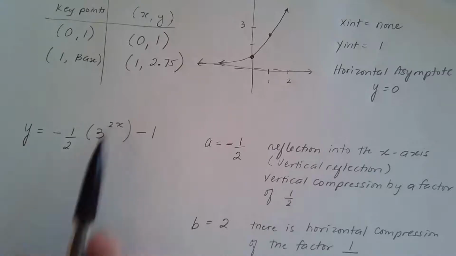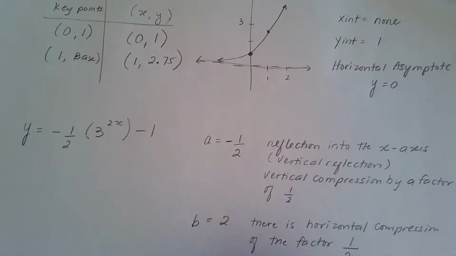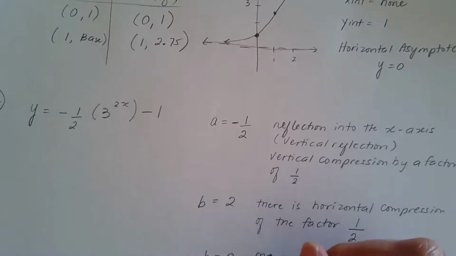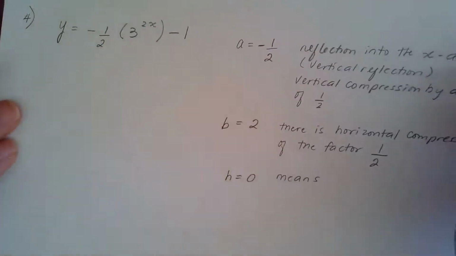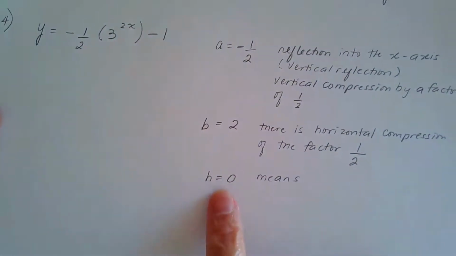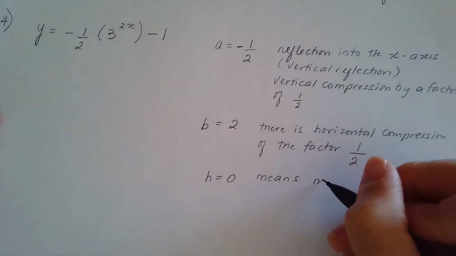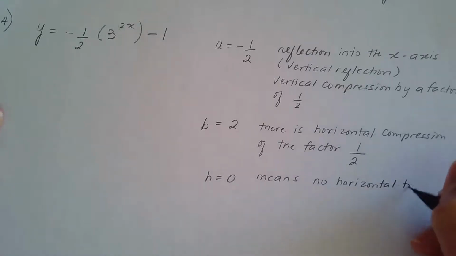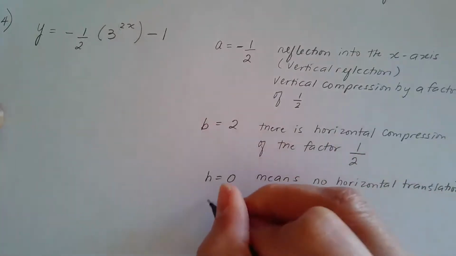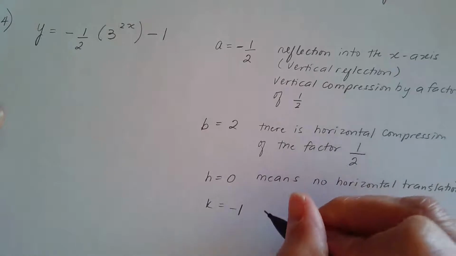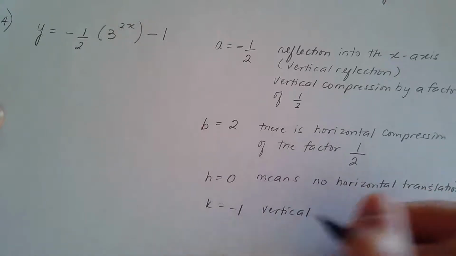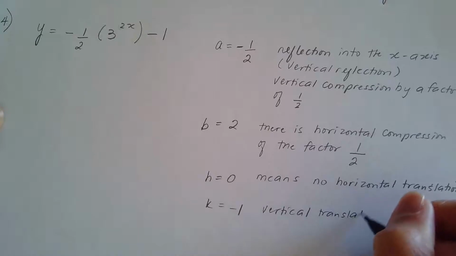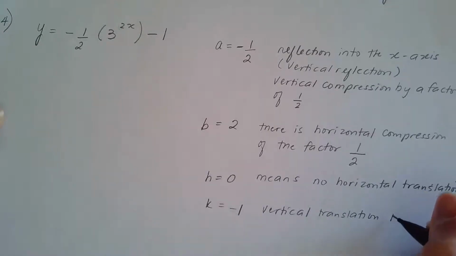And I don't see any h, so h equals 0. So h equals 0 means no horizontal shift, no horizontal translation. And then we see k equals -1, so that means a vertical translation 1 unit down.